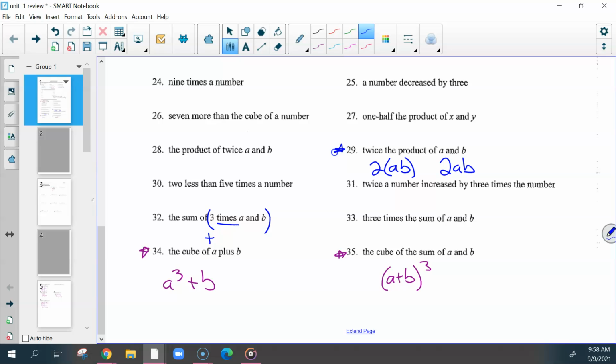B is one of the things we're adding. What is the other? A and B is one of the things we're adding together, but not just A. 3. And we're doing what to 3 and A? So I'm putting them together.